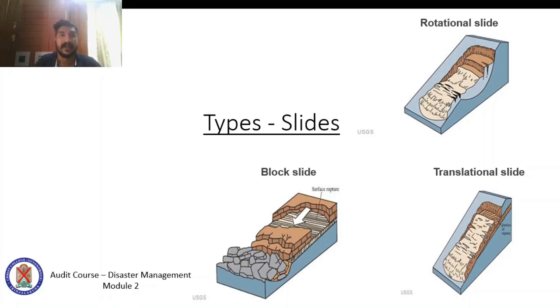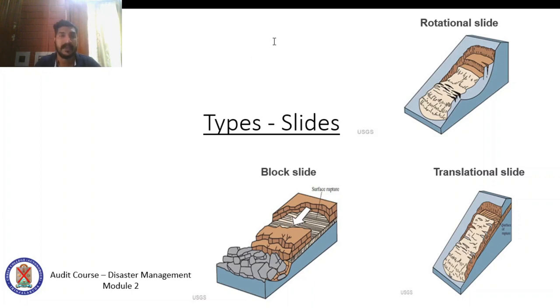The next type of slide is the translational slide. In this type of slide, the landslide mass moves along a roughly planar surface with little rotation or backward tilting. You can see very well from the images the difference between a translational slide and a rotational slide.